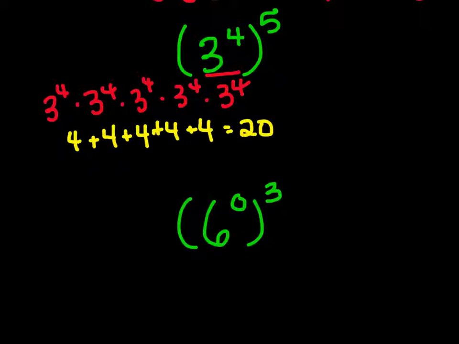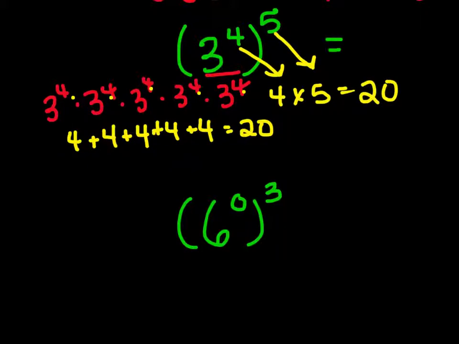Instead, we can say 4, 1, 2, 3, 4, 5 times, and if I look at that, there's my exponent of 5, and there's the exponent of 4, and that equals 20. So our final answer for this is 3 to the 20th. I could just have said 4 times 5 is equal to 20.